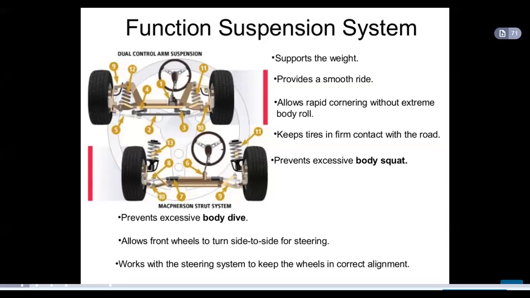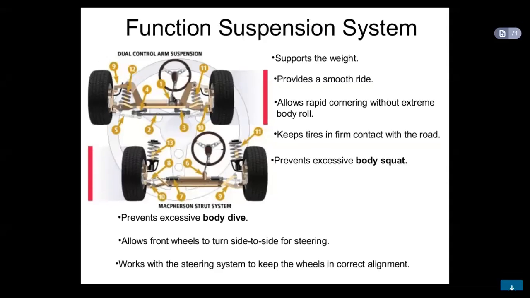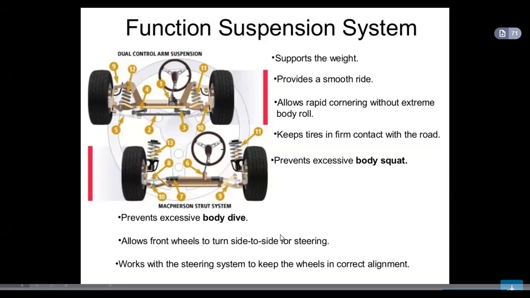So our first slide is related to function of suspension system. If we see this diagram, here all the components which are related to suspensions are shown. So dual control arm suspension system is there. Then MacPherson strut system is available.